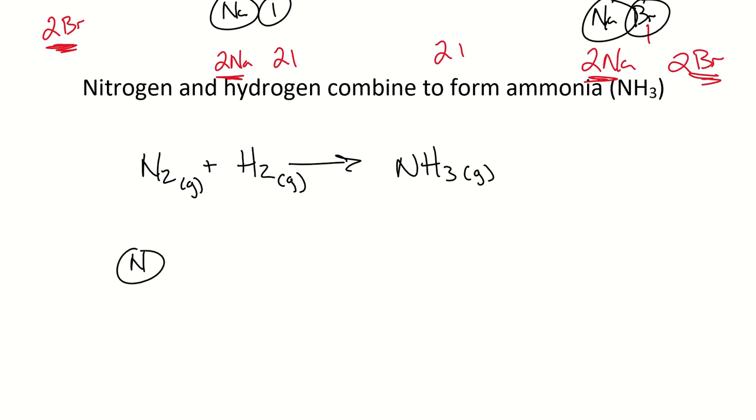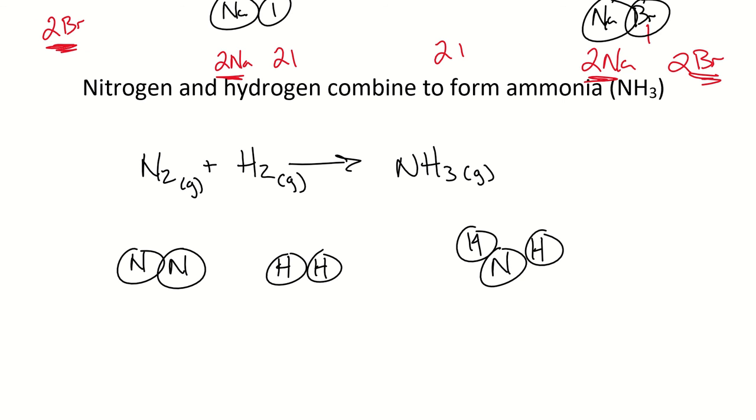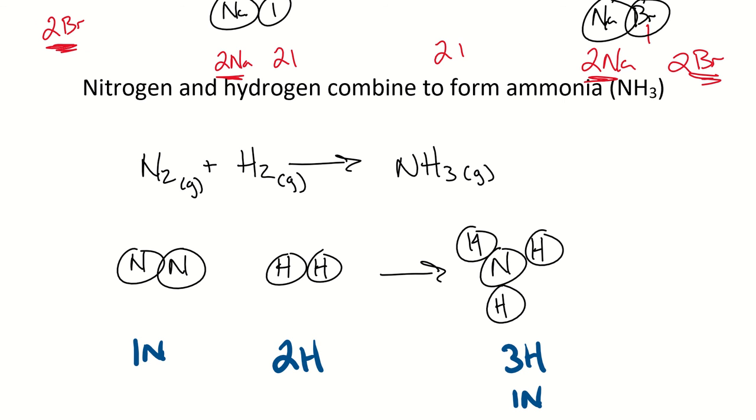If I draw a particulate level model, I see nitrogen reacting with hydrogen to make ammonia. What do you notice about the atoms? Do you notice that there's 2 hydrogens and 3 hydrogens, and 1 nitrogen and 1 nitrogen? That is to say, our atoms don't balance.